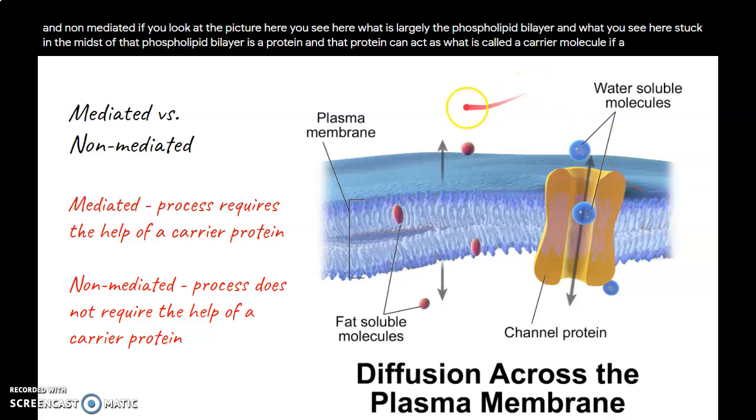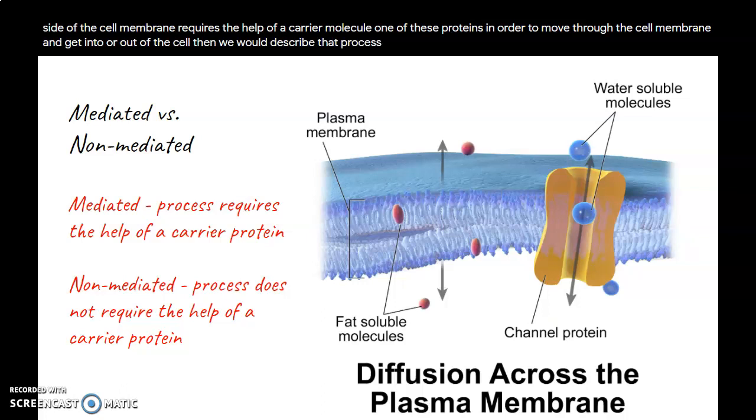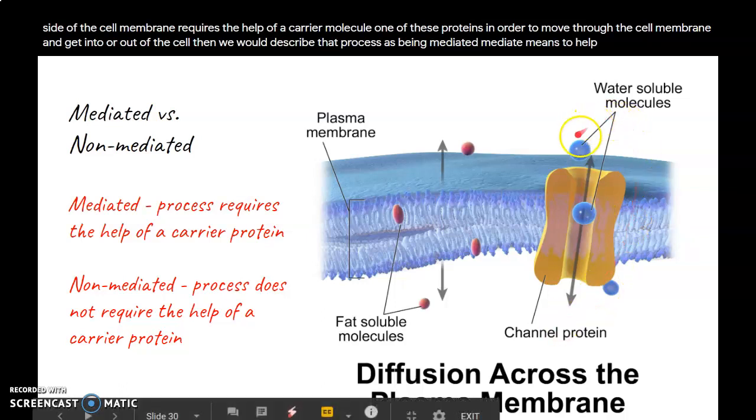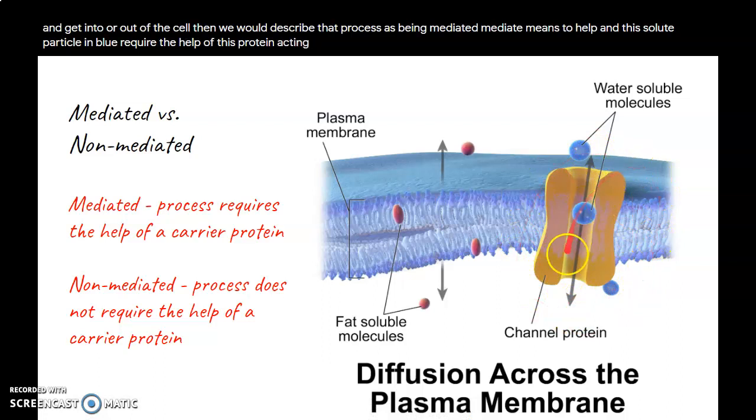If a particle on one side of this cell membrane requires the help of a carrier molecule, one of these proteins, in order to move through the cell membrane and get into or out of the cell, then we would describe that process as being mediated. Mediate means to help, and this solute particle in blue required the help of this protein acting as a carrier molecule in order to move across the cell membrane.